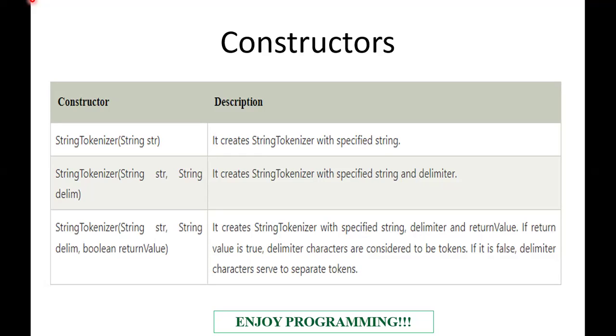In addition to the string tokens, if I want to return the delimiter itself as a token, then you have to specify the third parameter as true. The third parameter is a boolean value. That means if I want to return the delimiter itself as a token along with the original tokens, specify true here, or else it will be false.